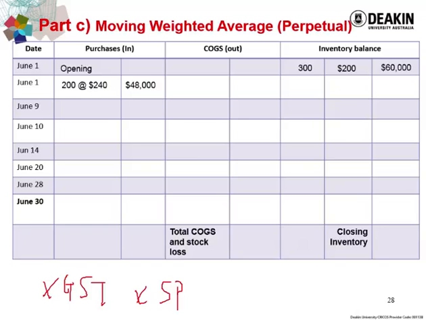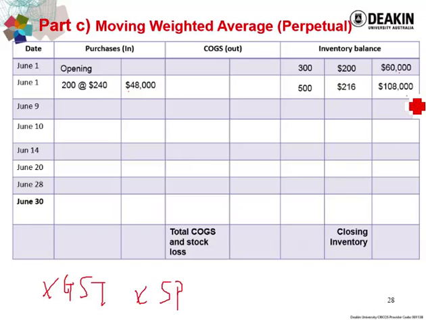So we use the total dollar value for stocks on hand, which is 108k. So 60k plus 48k, you get 108k. And divide by the total quantity of stocks on hand, which is 500. So 300 plus 200. So when you divide 108k by 500, the unit cost is 216.